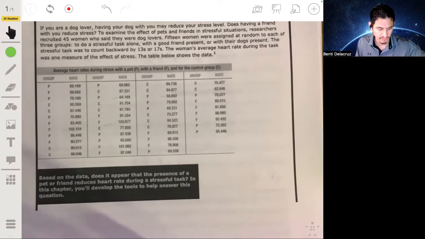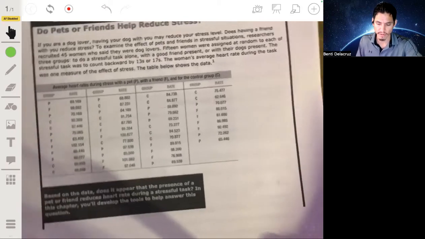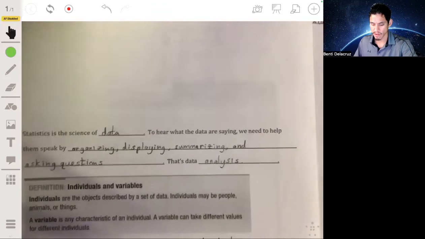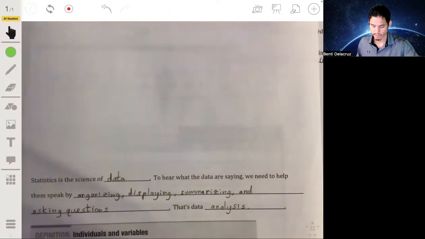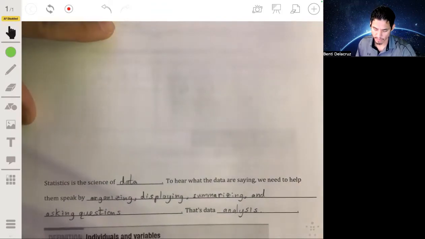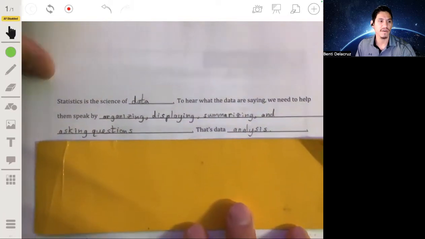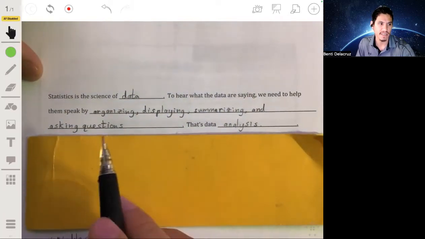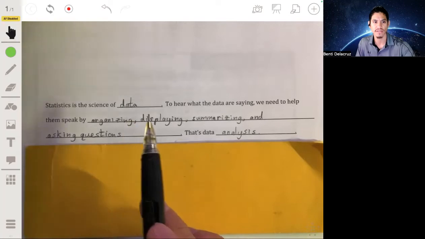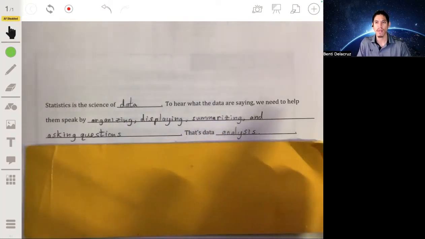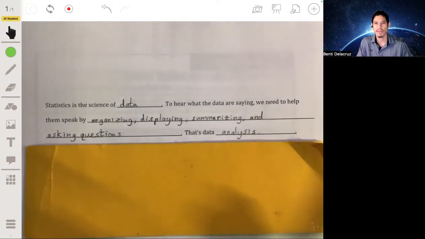So let's first go over some basic vocabulary that you're going to need to know, and how we study data. The way we want to go about statistics is to recognize that it's a science. It's a science of data. The data is usually sets of numbers, types of things, it could be like hair color, gender.